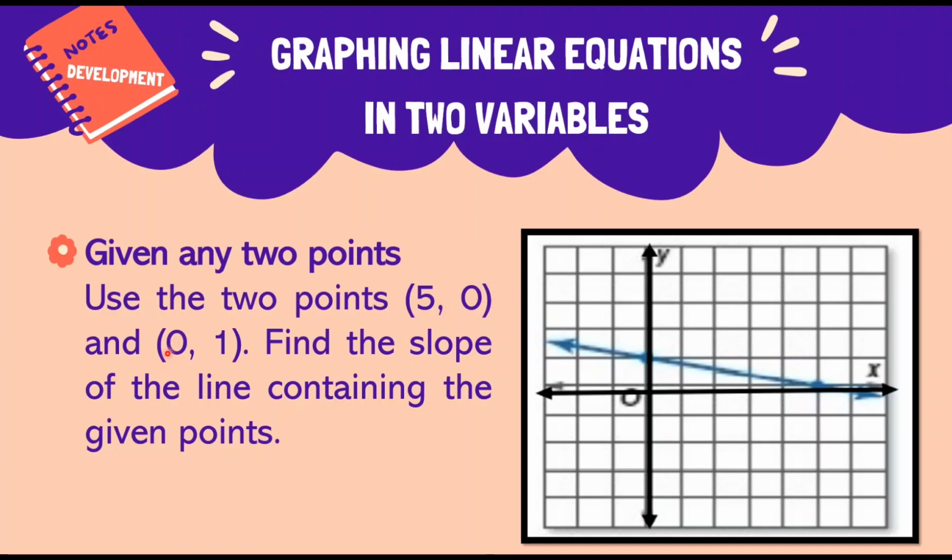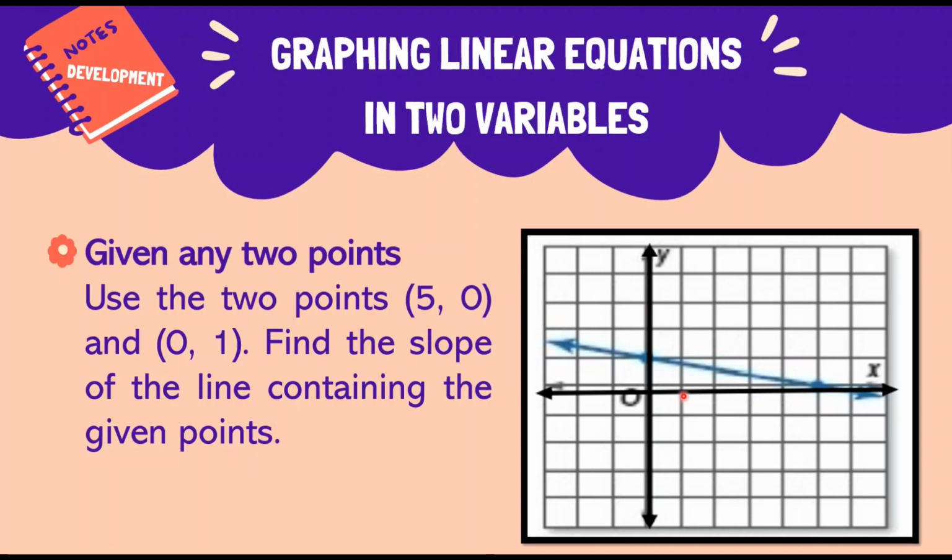And then for the second point, we have 0 and then 1. Our x is 0 and our y is 1. In this given any 2 points, we need to find also the slope of the line containing the given points. But before we proceed in finding the slope of the line, let us graph first.